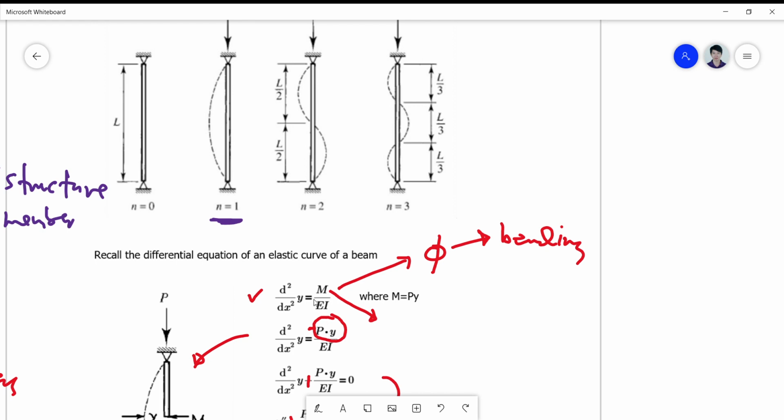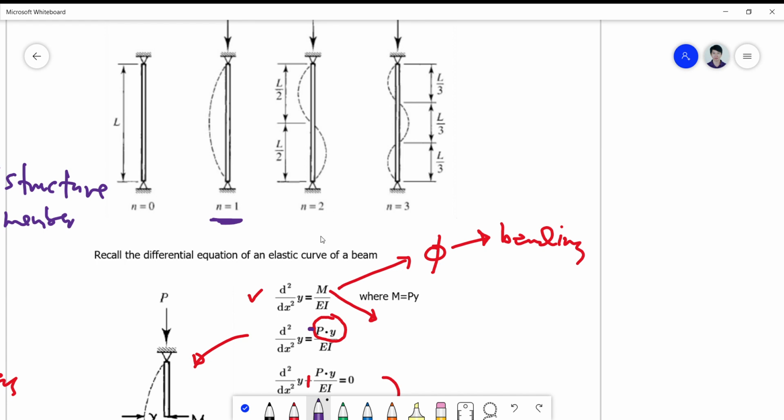So M here has something to do with the moment that will cause this to buckle. So this is simply equivalent to Py, or negative Py. So there's a correction here that your bending moment is a negative bending moment.